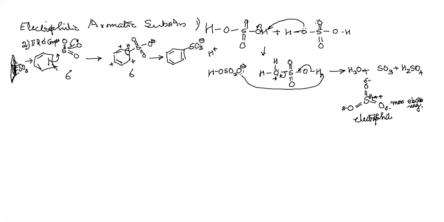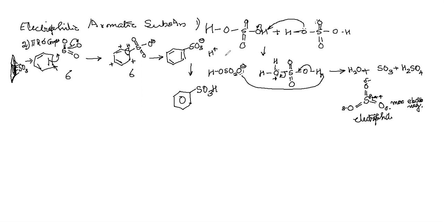H plus catches here and forms the product. What does it form? It forms para-toluene sulfonic acid, SO3H. So this is a sulfonation reaction. Mechanism of sulfonation.